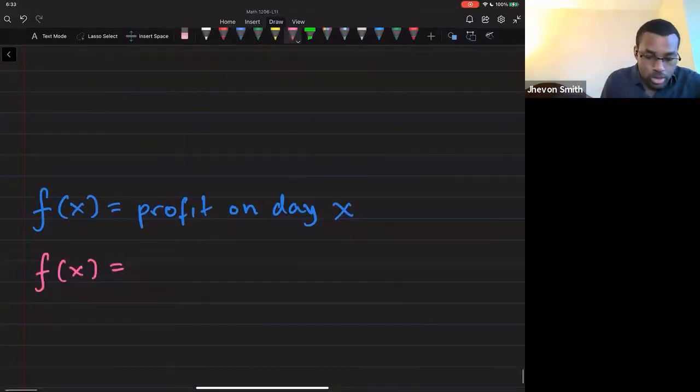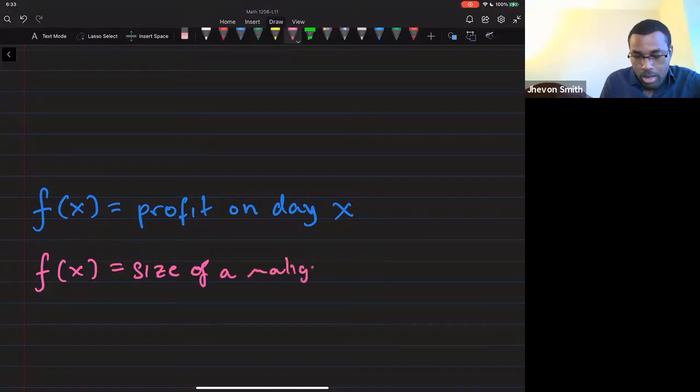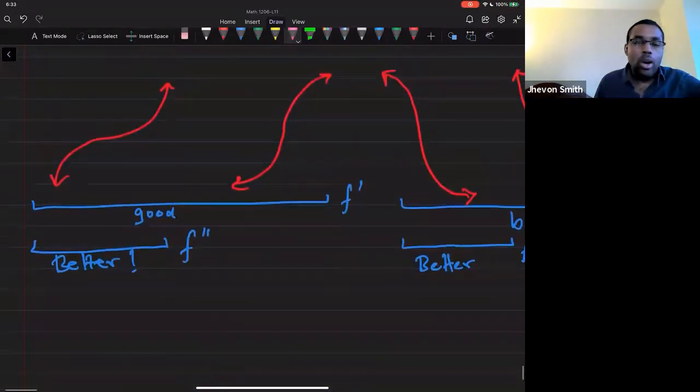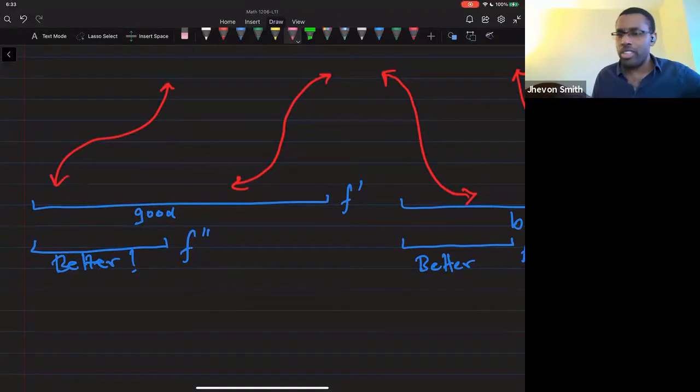So what if this was the size of a malignant tumor? Now, all right, so you're watching the size of your tumor on a graph. That function is now important to you. How much information would you want to know about such a function?